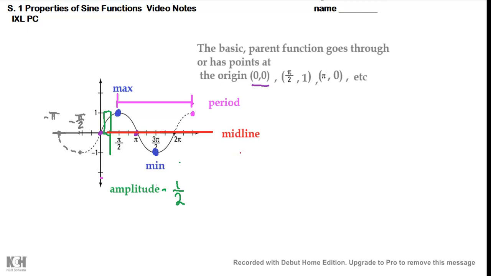The midline of this very basic parent graph is right along the x-axis, but it's whatever line divides it in half, the max to the min. So the midline is the middle, which divides that right in half.